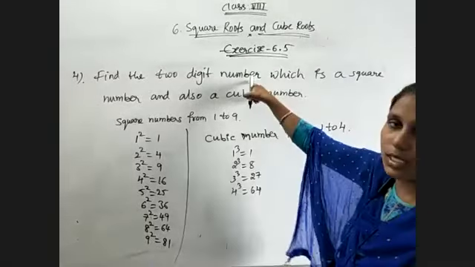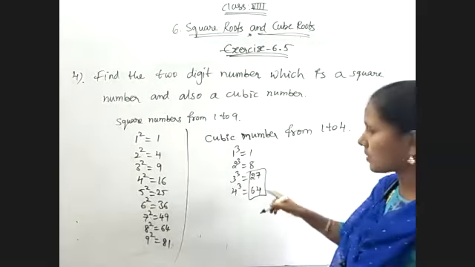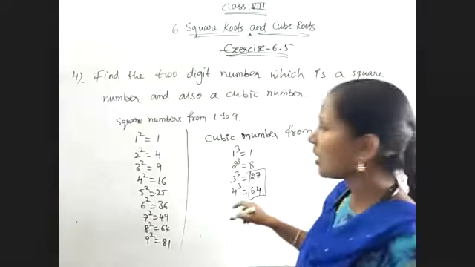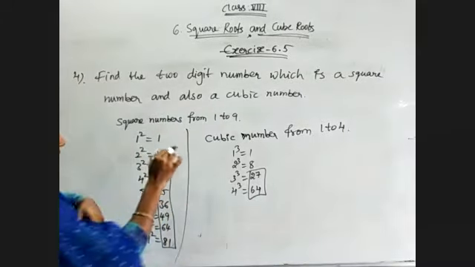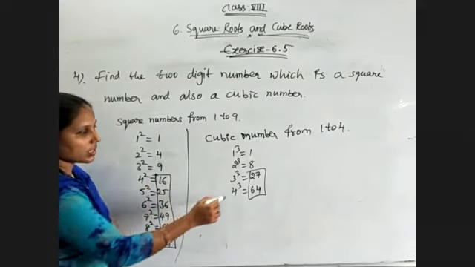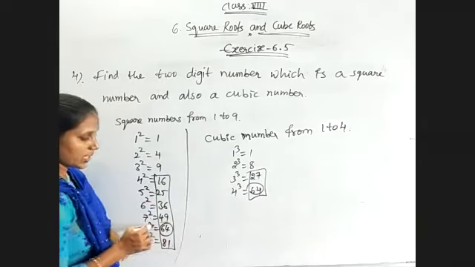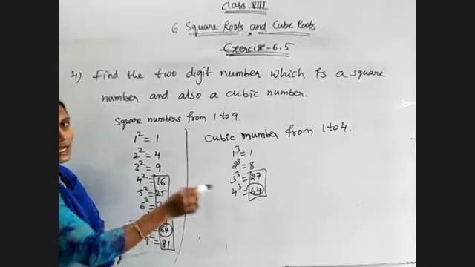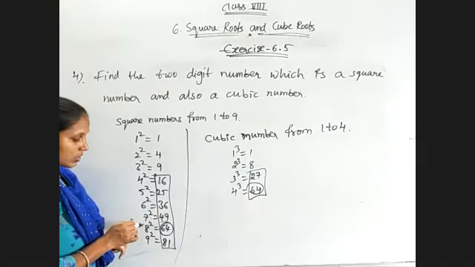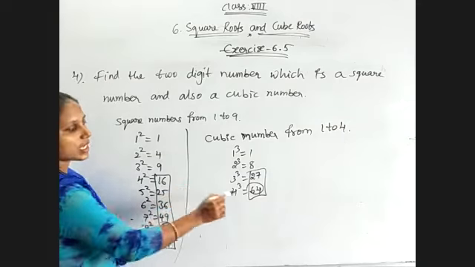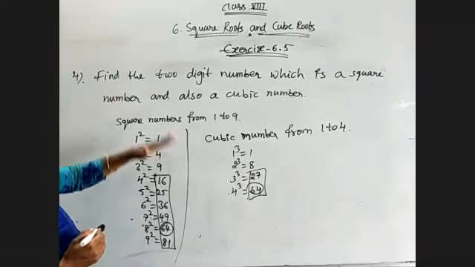We need only 2 digits here. So which two digit numbers are there in the cubic values? Only 27 and 64. And here the two digit squares are 16, 25, 36 like that. Which number is common among these two? 27 is not there in the square values. Only 64. 64 is there in both the square numbers and the cubic numbers. So 64 is the square value of 8 as well as the cube value of 4. That's all. So the required two digit number is 64.